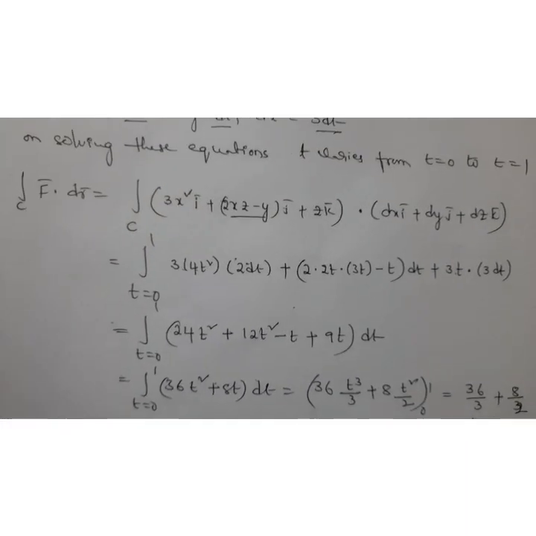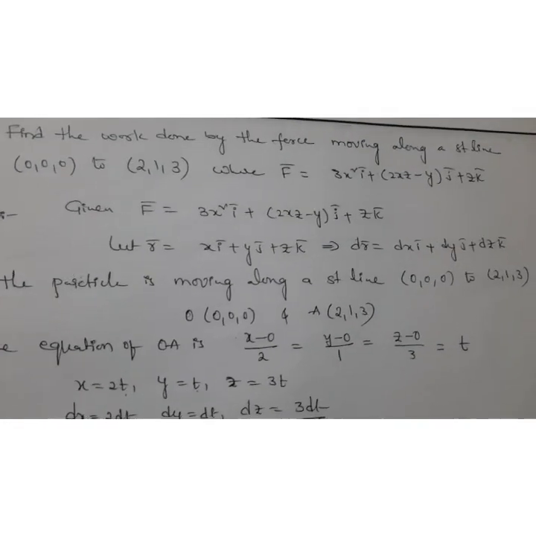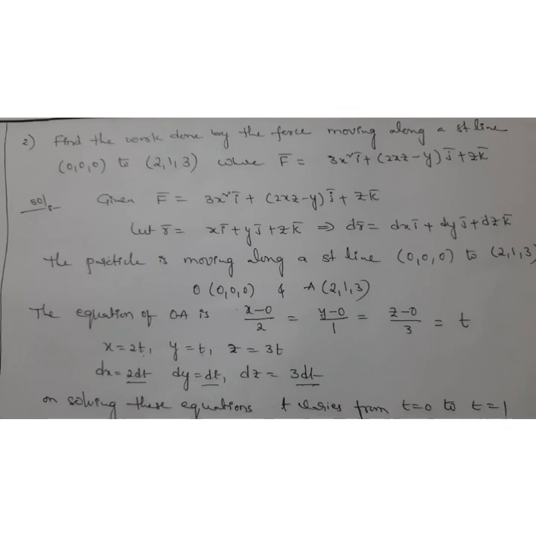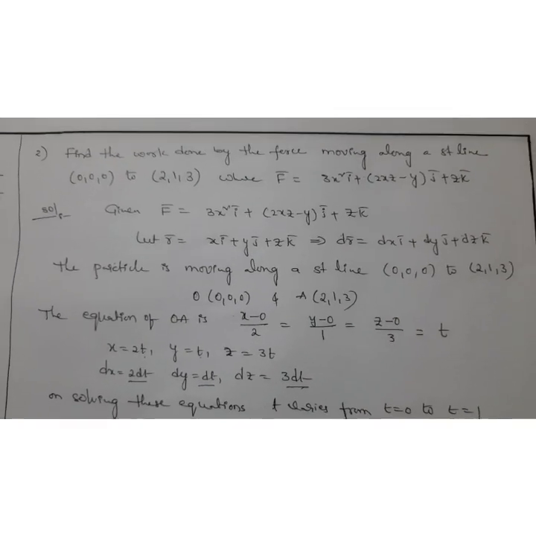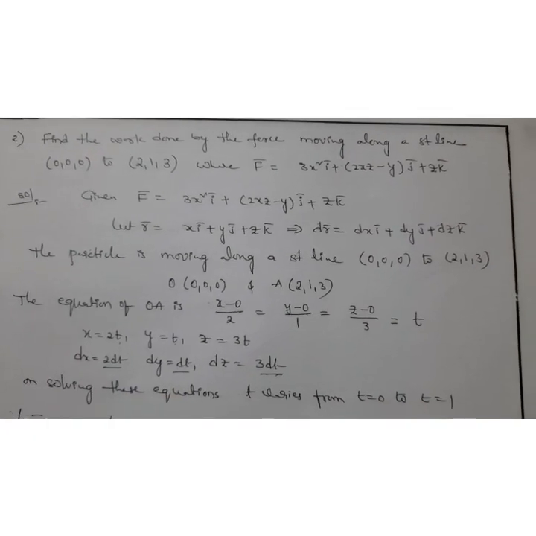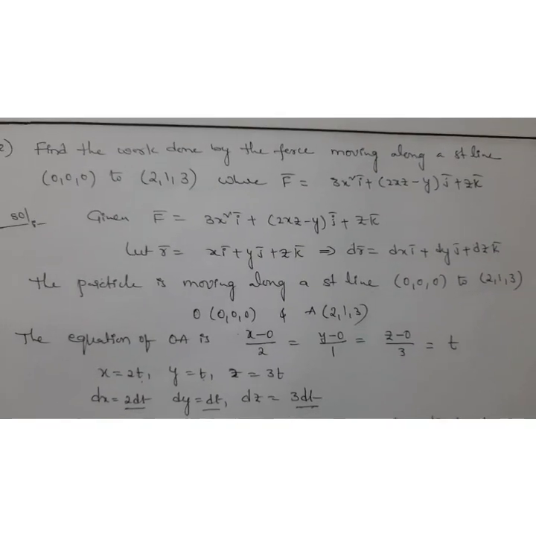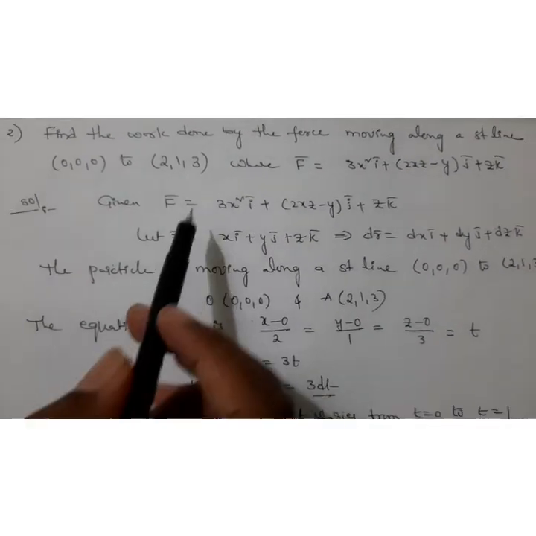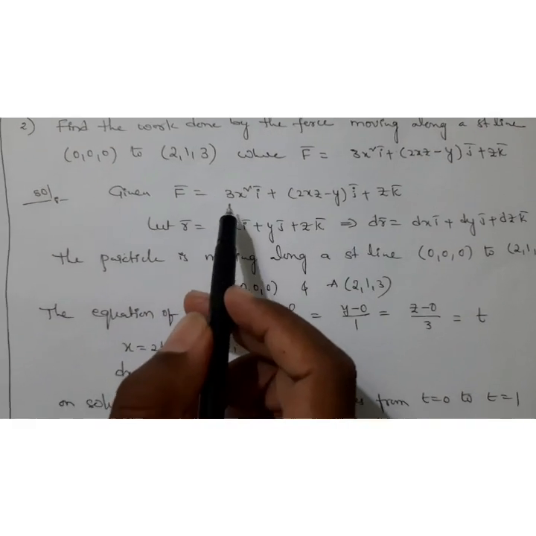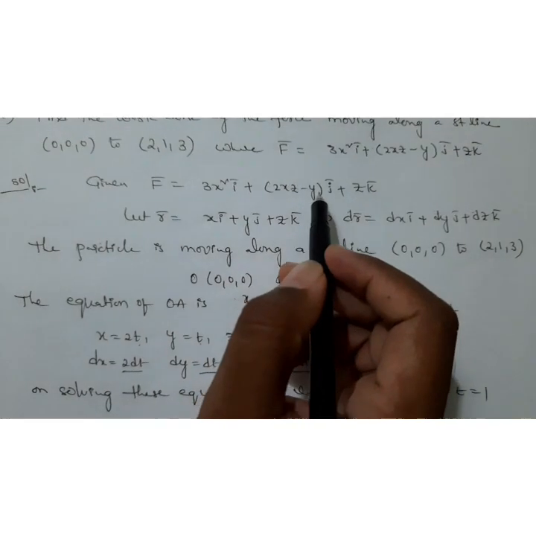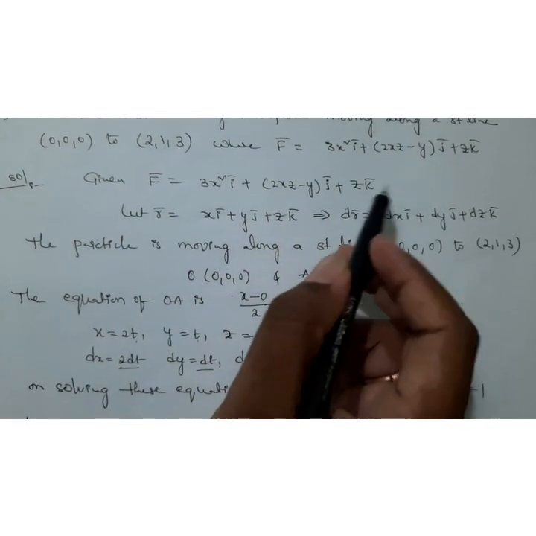This is: find the work done by the force when the particle is moving along a straight line from 0, 0, 0 to 2, 1, 3, where f bar is equal to 3x square i bar plus (2xz minus y) j bar plus z k bar. Given force vector f bar is equal to 3x square i bar plus (2xz minus y) j bar plus z k bar.